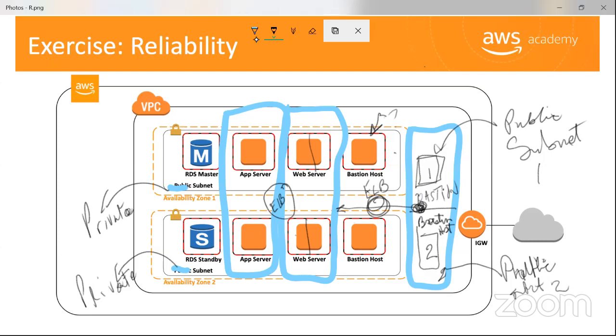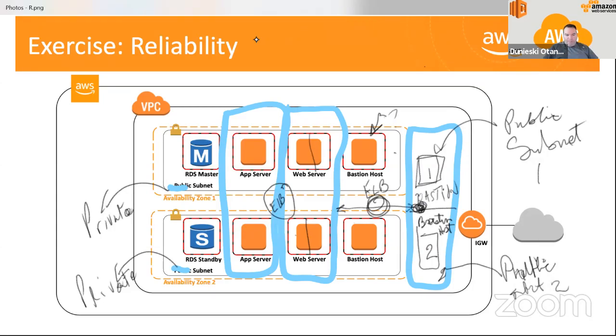Between that one, we're gonna have one that faces the internet. And then you're gonna have another one between the web server and the app that is internal. That is to distribute the traffic inside the subnet.